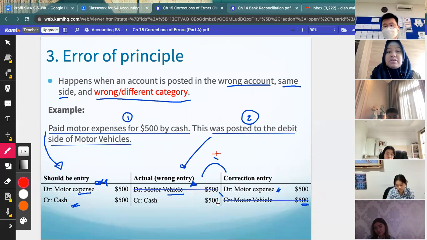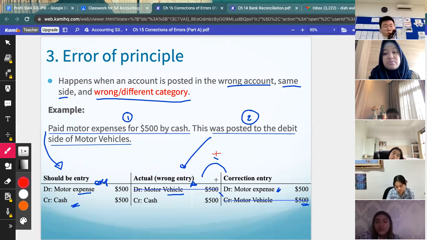It's impossible to make corrections on the T account because the T account has already been added with a lot of entries from months before. So it is better to make correction entry like that. Okay, for error of principle, do you have any question?